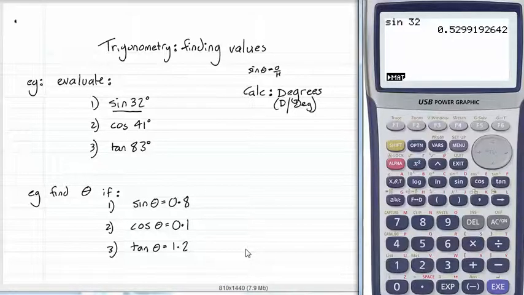You will need to round. They'll often say to 3 decimal places. So that's 0.5299, cutting off at 3 decimal places.